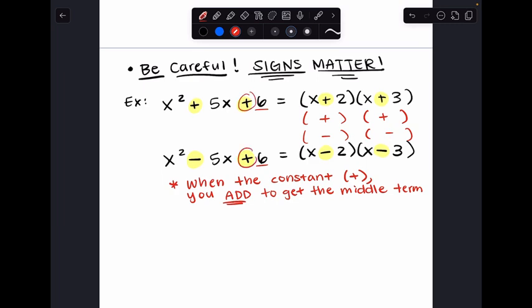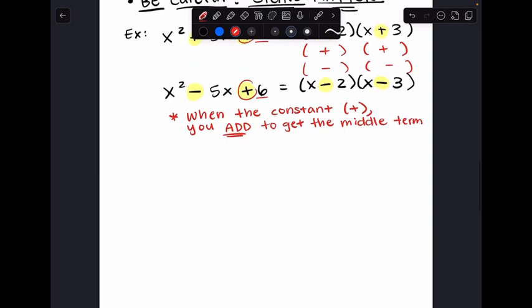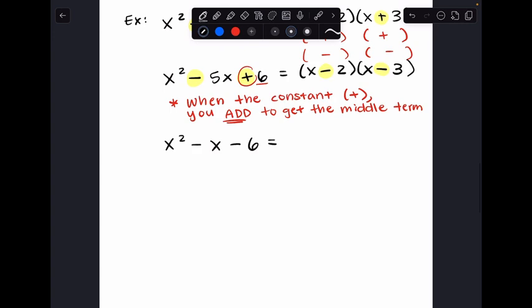All right. So second scenario, let's say you have something like this. x squared minus x minus 6 or x squared plus x minus 6. Again, don't really pay attention to the numbers just yet.